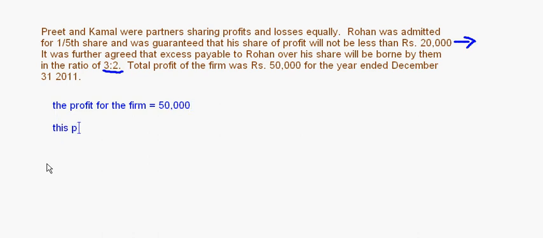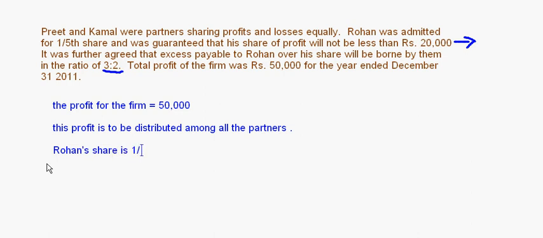So this profit is to be distributed among all the partners, right? Now Rohan's share is 1/5. So 1/5 of 50,000 will come to 10,000.